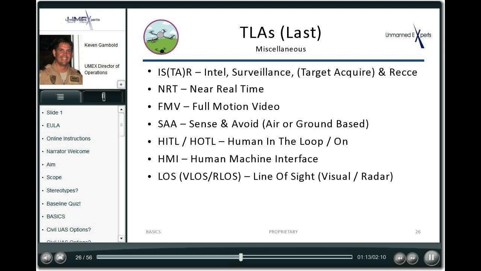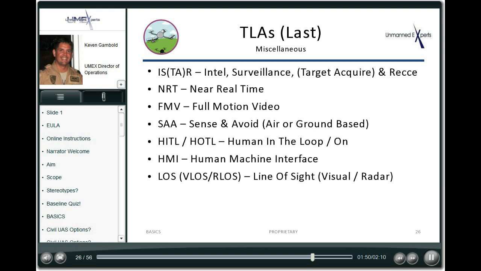Again, into the human factors, you will hear HITL and HOTL, human in the loop, which means that the pilot, or the manned individual, is operating the aircraft and is part of the decision-making loop, or on the loop where he is perhaps just supervising a more autonomous aircraft. And part of that interaction, you will hear often referred to within the ground control station or GCS, is the HMI, human machine interface. In other words, the cockpit and how the controls are. And we'll look into aspects of that in human factors.